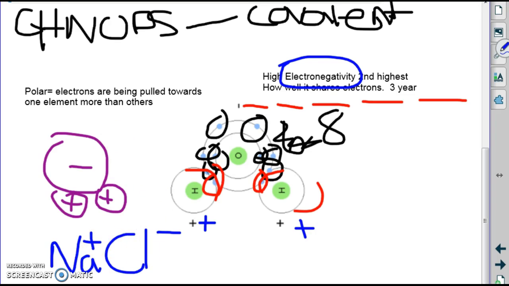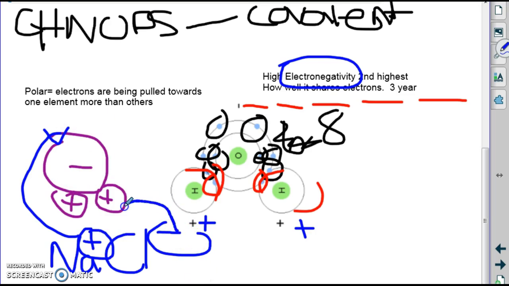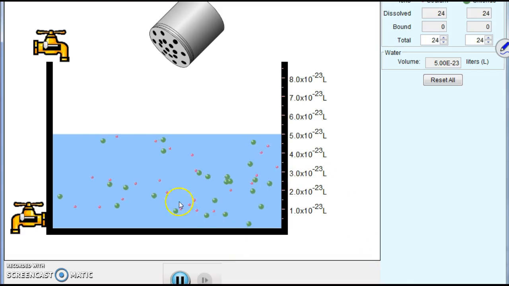Well, that's really cool, because when I put this in the water, we know that opposite charges attract, right? So what's going to happen? This Na is going to separate, and it's going to get attracted to the negative charge, and the Cl is going to separate, and it's going to attract to that. So because it's polar, now I have Nas and Cls floating around in here independent of each other. They were able to dissolve.